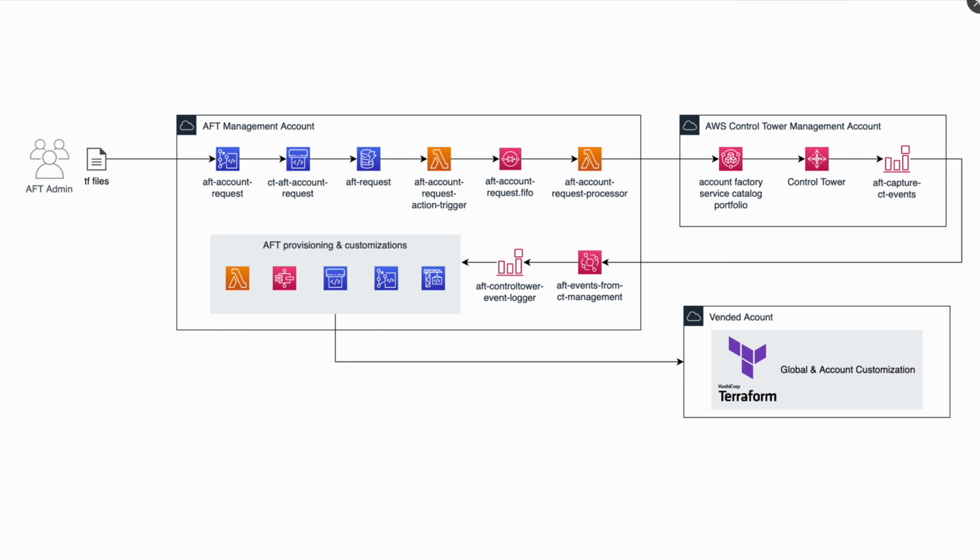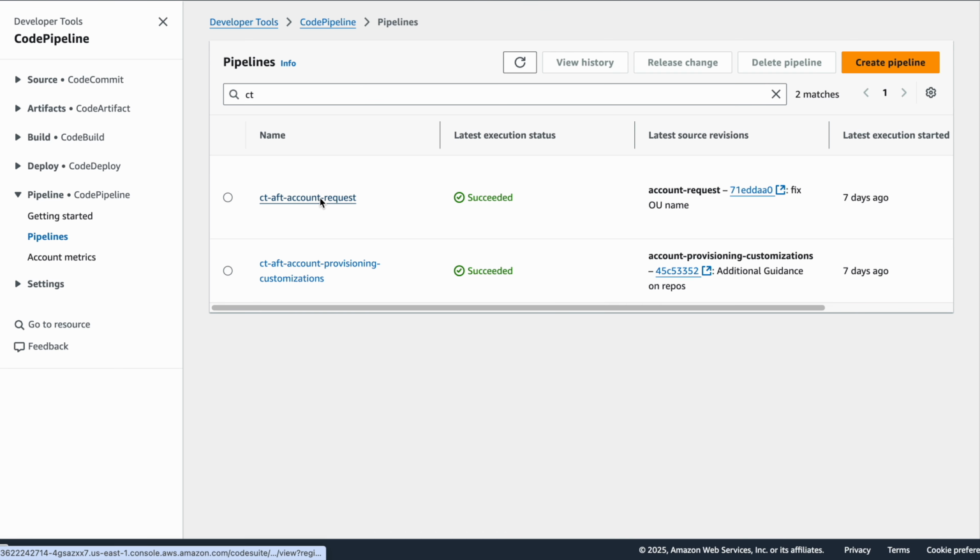Now let's talk about what happens when you push a Terraform file for a new AWS account. Here are your Terraform files, and they go to the AFT management account. And this is your CodePipeline, AFT account request. If you go there, this is your AFT account request.